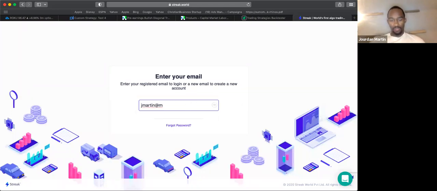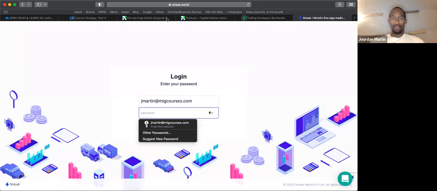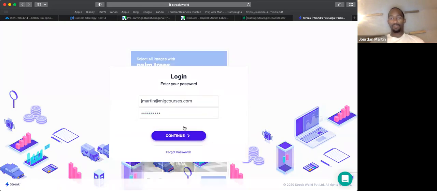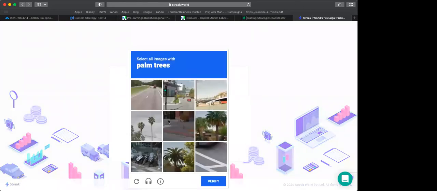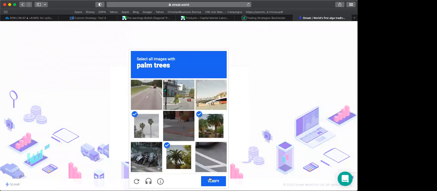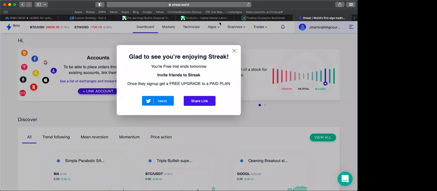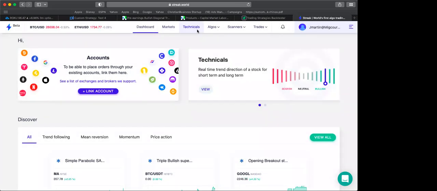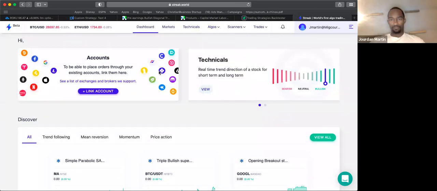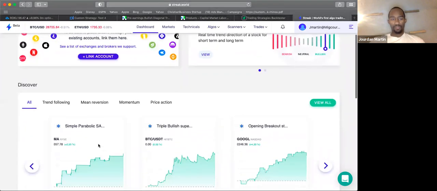So this is a site called Streak World, which in my deep dive of strategies and searching for strategies, I came across. It's streak.world. So they have some stuff already set up.